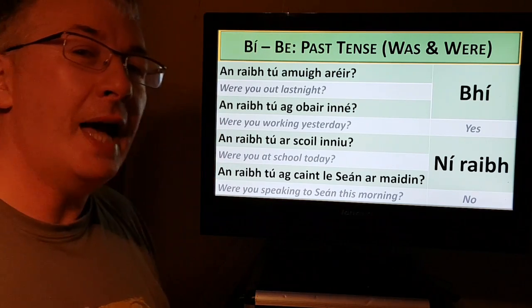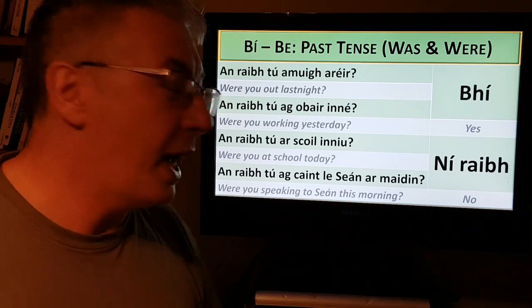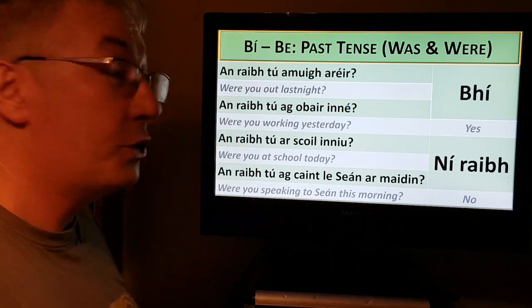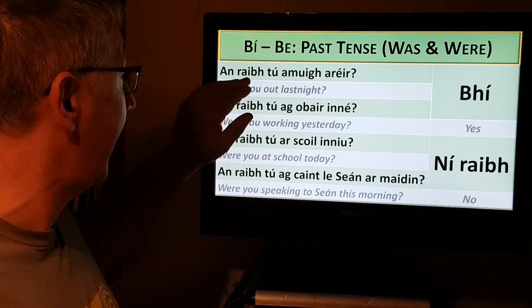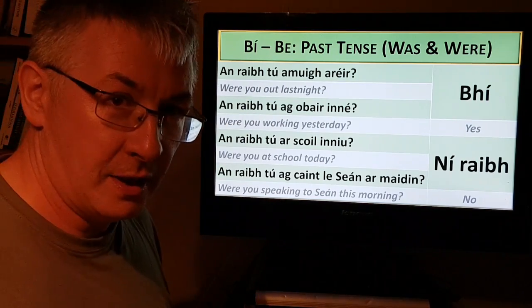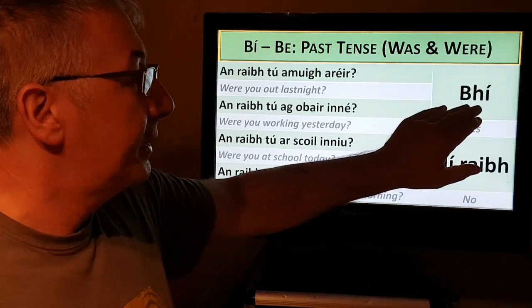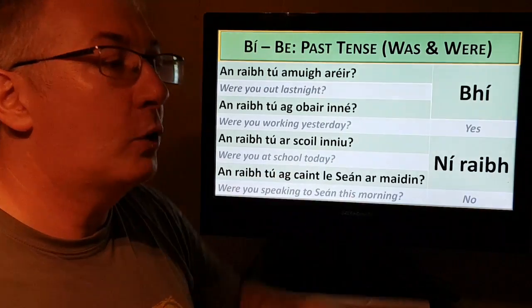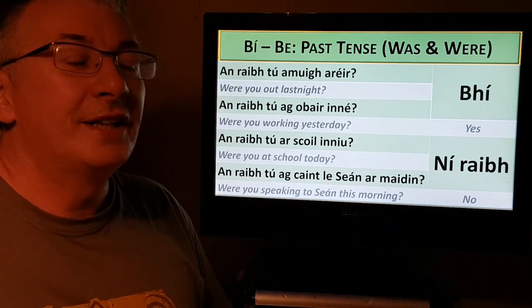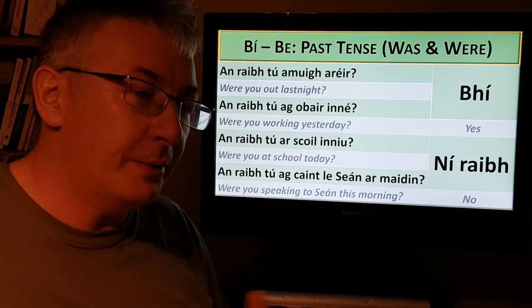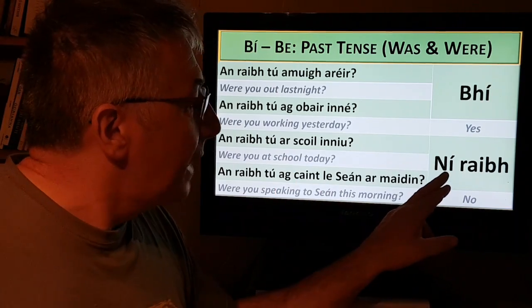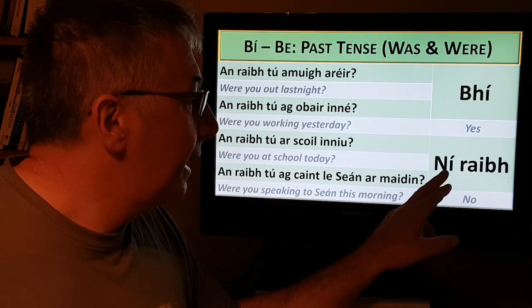Now, if somebody asks you the question, were you, or if you're saying was he, was she, anytime the question on row is asked, the way you say yes is just V, because in Irish there is no centralised yes and no. If you want to say no, you say Nero.